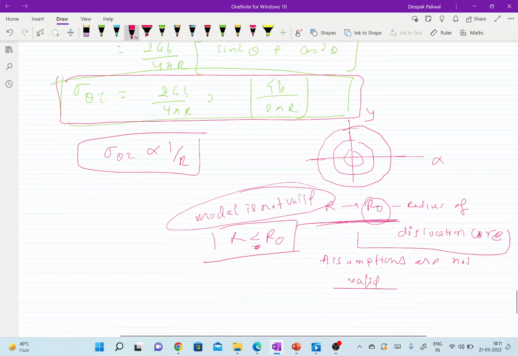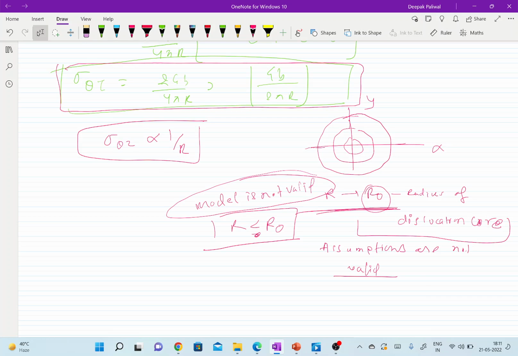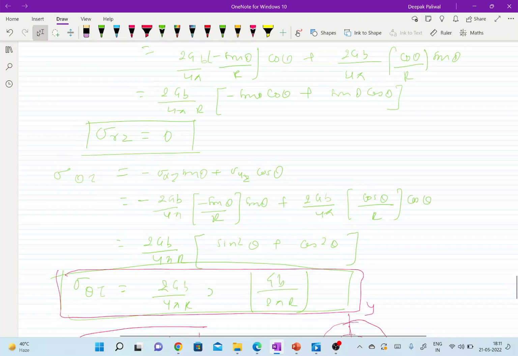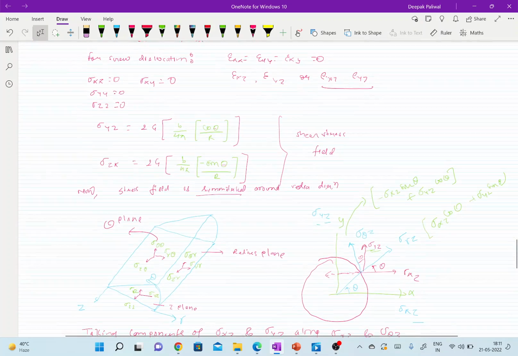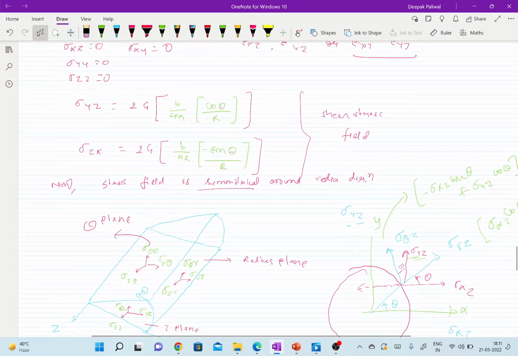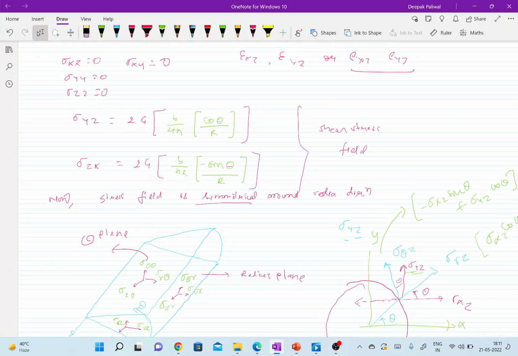So here we have understood the stress field around the screw dislocation, and what we have seen is that the stress field around a screw dislocation has only two components, sigma yz and sigma zx, because we have strain along only yz and zx.